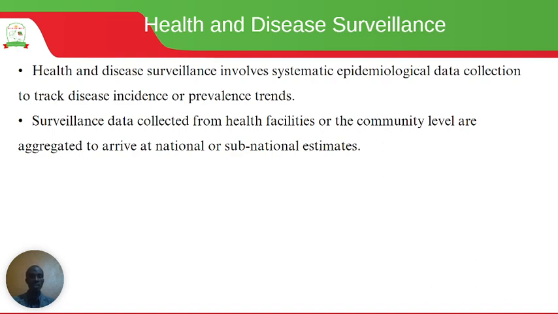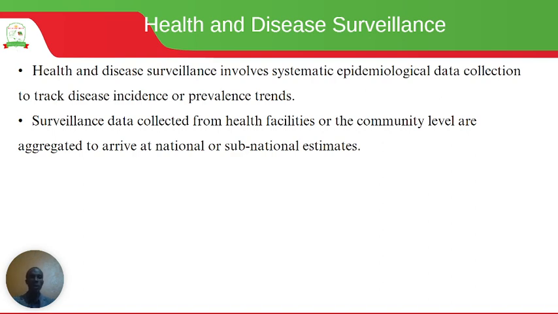So if you're looking at a month, for example this June, the new cases of malaria in June will form what we call the incidence of malaria. But when we look at the old cases and the new cases, for example those cases from the month of January, February through to June, all those form what we call the prevalence. So the new and old cases are what we call prevalence, and only the new cases are what we call the incidence.